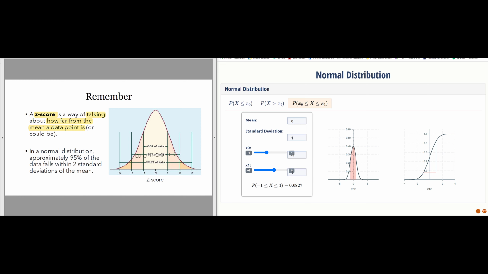95% of the data approximately is within 2 standard deviations, and a little over 99.7% is within 3 standard deviations. Okay, now these are approximate.